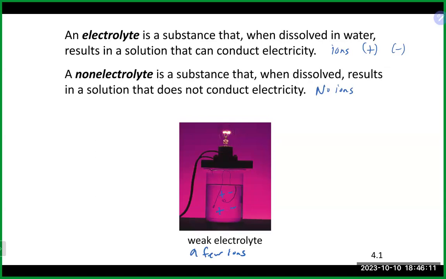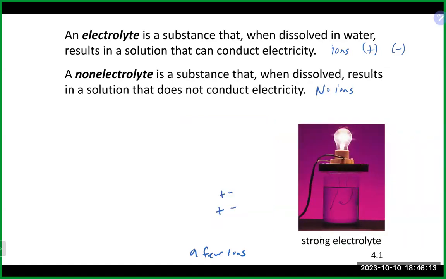And there are strong electrolytes, which 100% break apart and produce a lot of ions in solution, tons of ions in solution. Because of that, it will conduct electricity really, really well. The light bulb will go on very, very brightly.